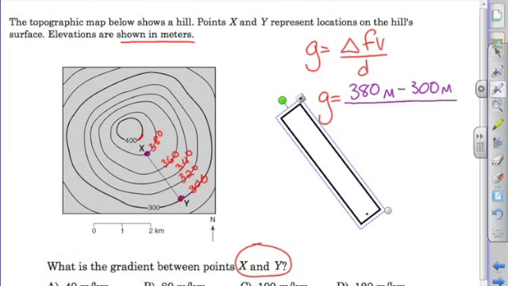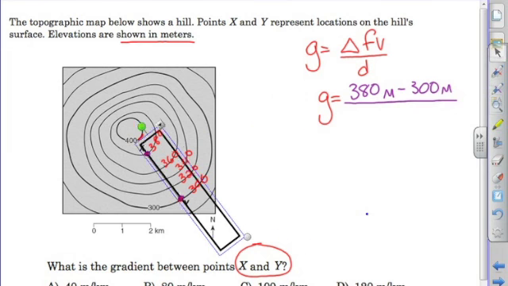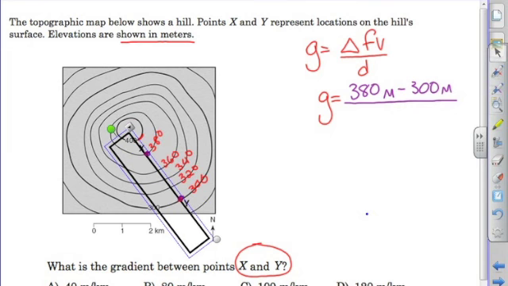This is where you'll need a piece of scrap paper so that you can determine the distance between points X and Y. Marking off on my scrap paper point X and point Y. I'm just going to group these items.